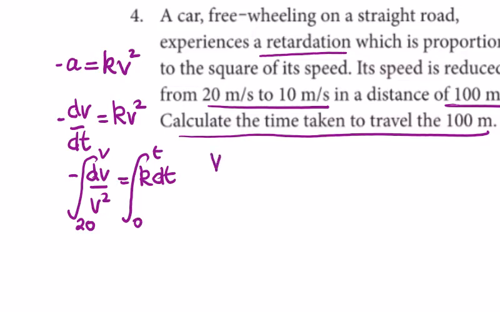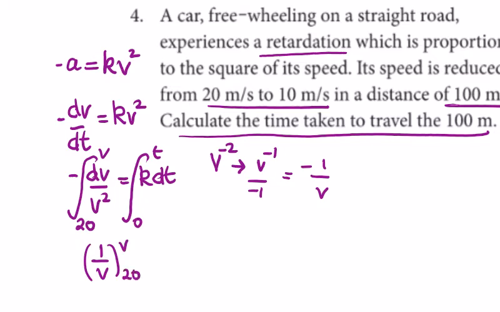If we integrate v to the minus 2, it's going to give us v to the minus 1 over minus 1, which is equal to minus 1 over v, and we have the minus in front, so that will give us a plus 1 over v. So we'll have 1 over v, starting at 20, and velocity at time t will be equal to kt between t and 0.